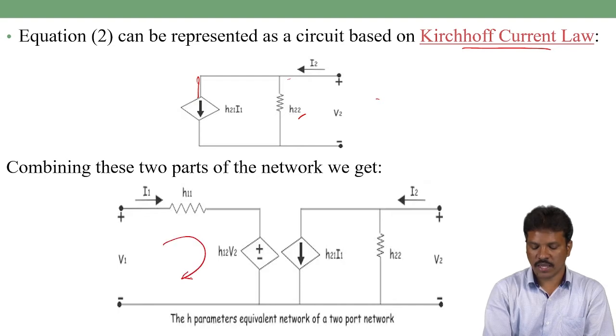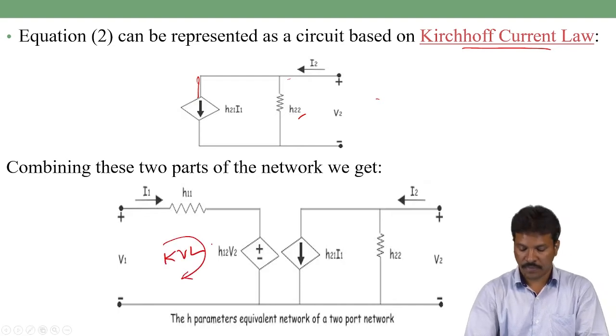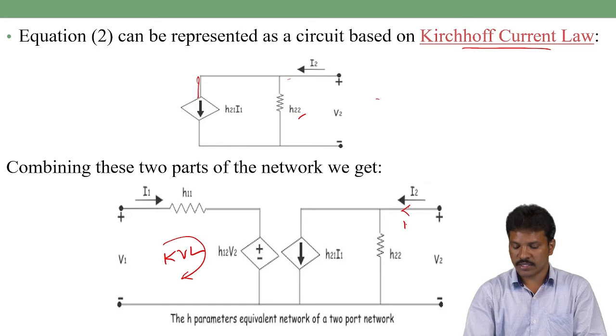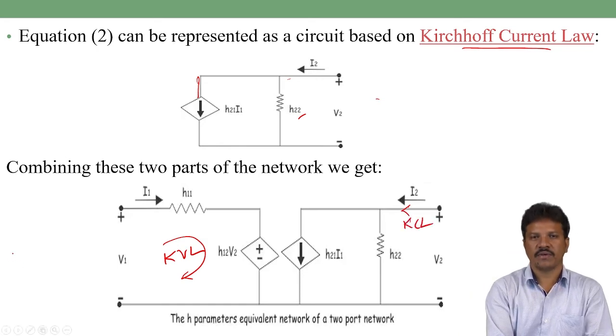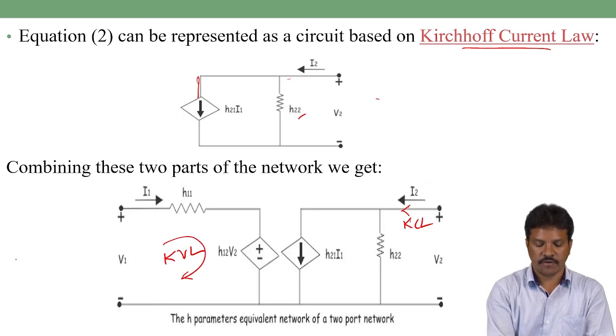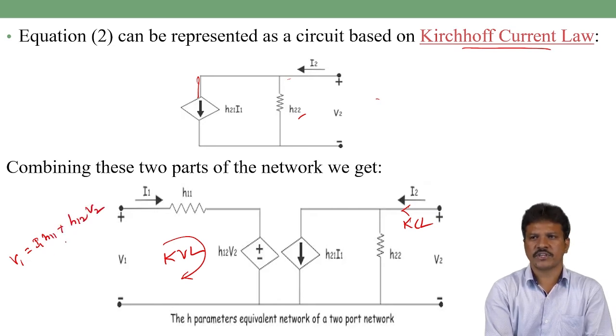When we apply Kirchhoff's voltage law and Kirchhoff's current law, we get the two equations. Applying KVL, we get V1 is equal to H11 I1 plus H12 V2. That is equation 1.